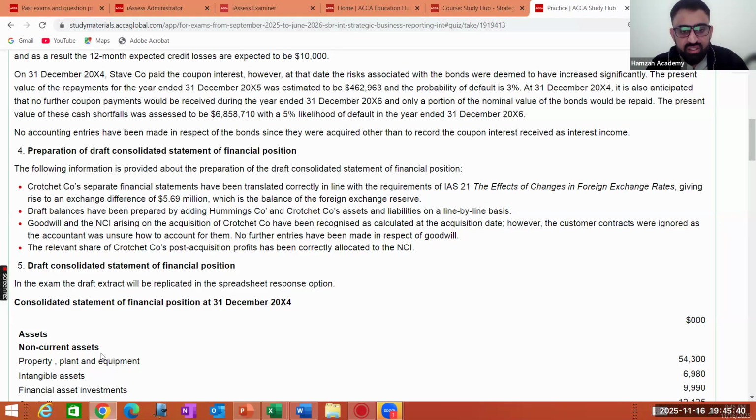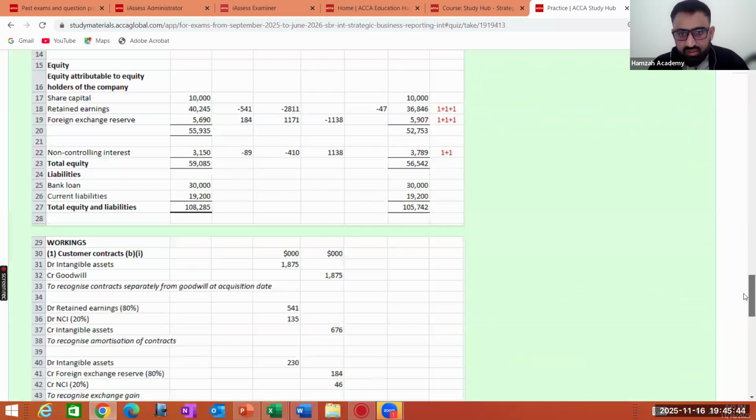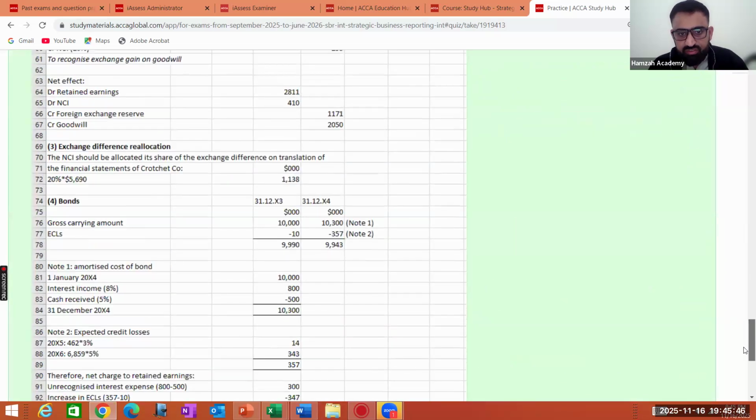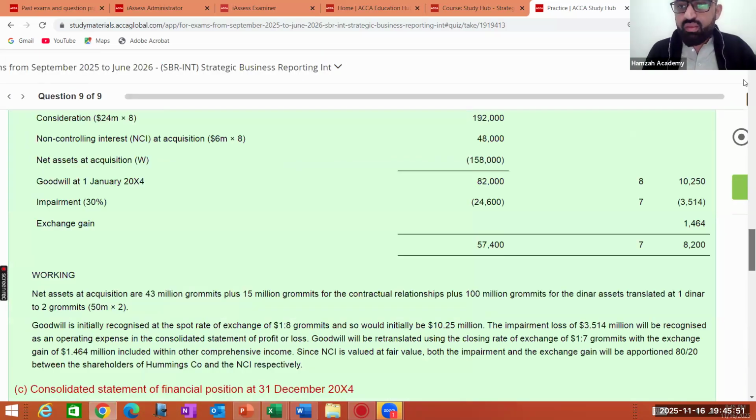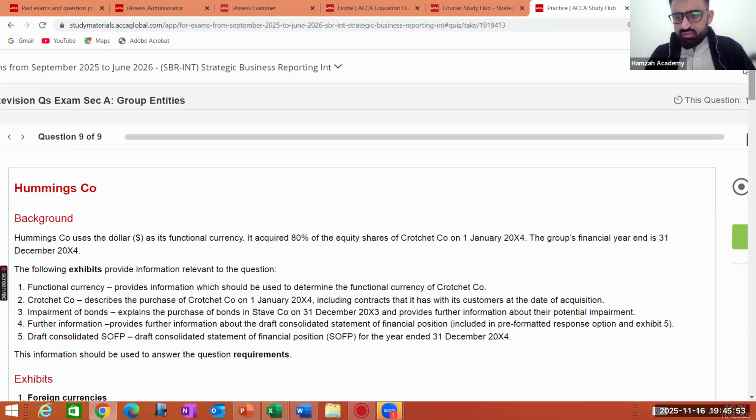And after doing all these things, we now have the corrected statement of financial position. Got it, students? Any question?